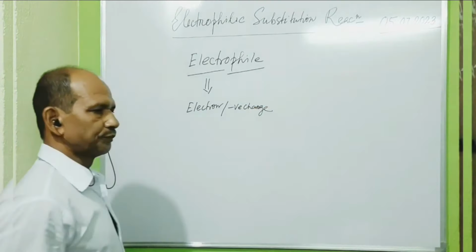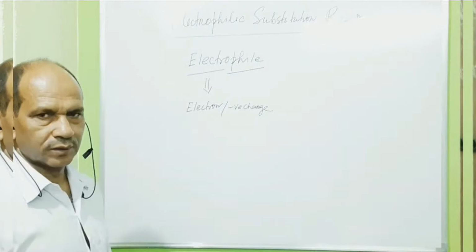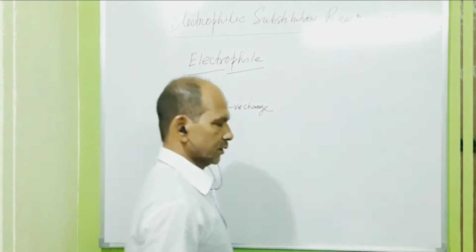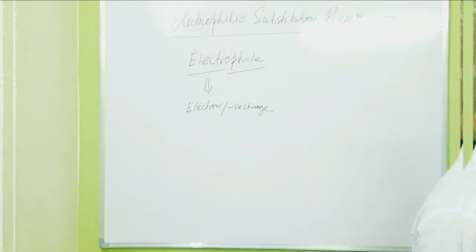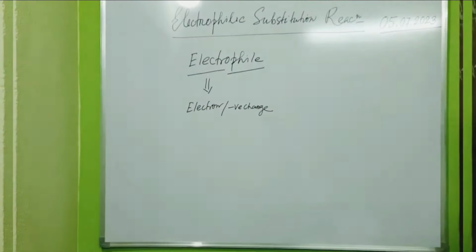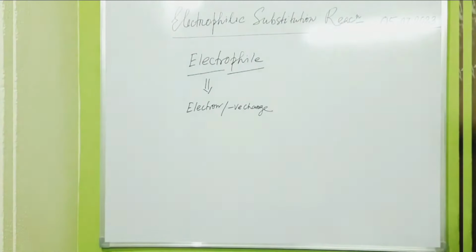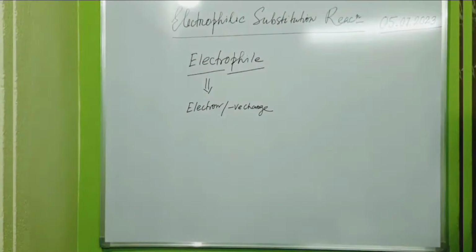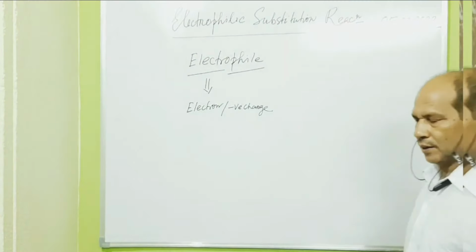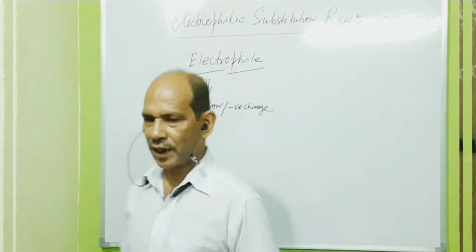Okay? That means if a species carries one or more electrons, it will be converted to a negative ion.